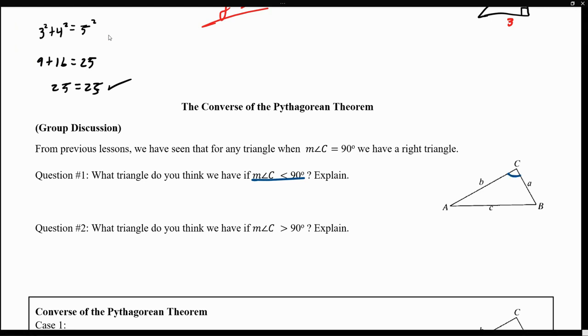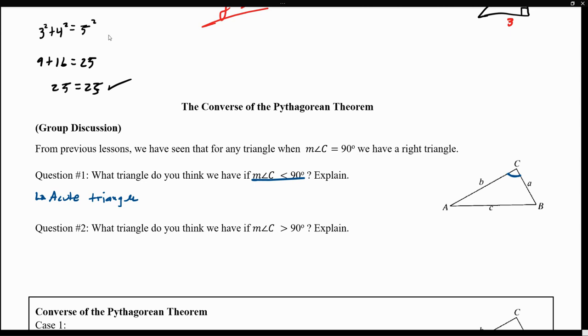So what kind of triangle will we be creating if we let that angle c be less than 90 degrees? Well, let's think about this for a second. We have a triangle, and we know that one of its interior angles is less than 90 degrees. So this definitely satisfies the condition of an acute triangle, because that's actually how we have defined acute triangles.